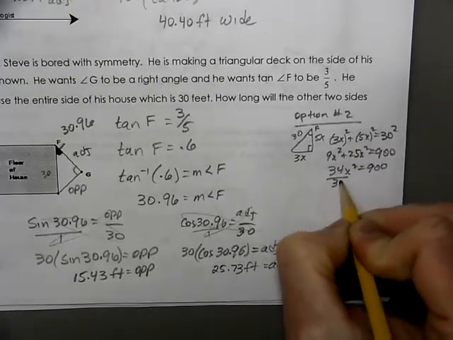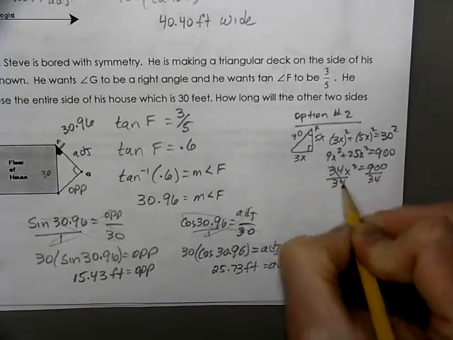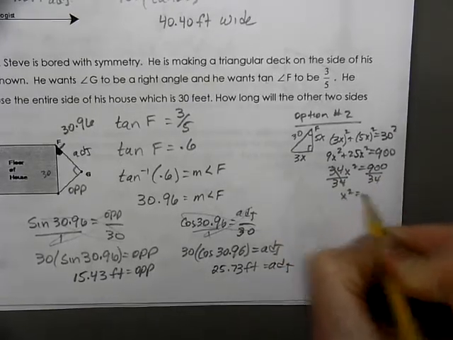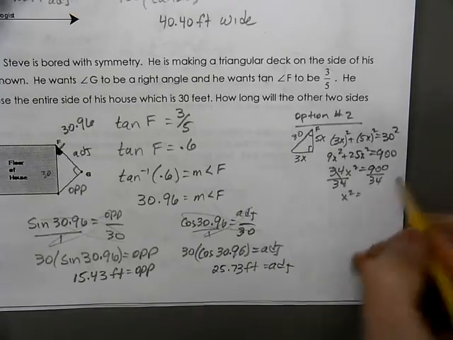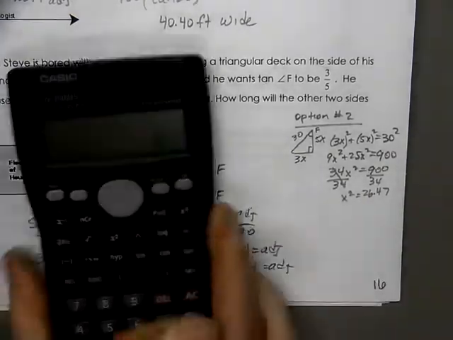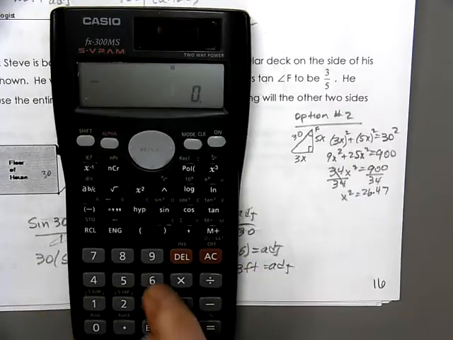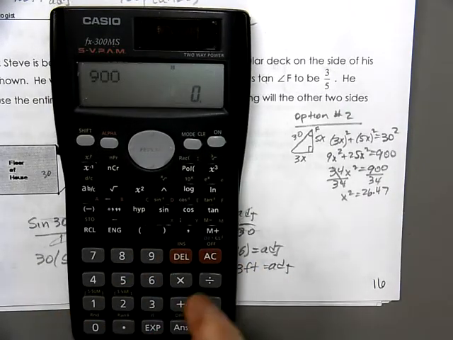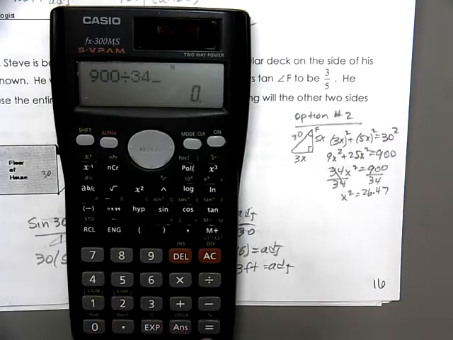Then we would divide by 34 to figure out that x squared would be approximately 26.47. Let's see, 900, which is 30 squared, divided by 34 gives us our 26.47.